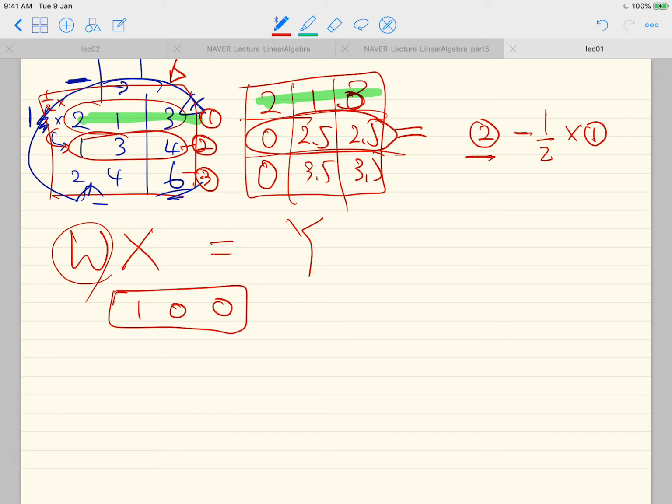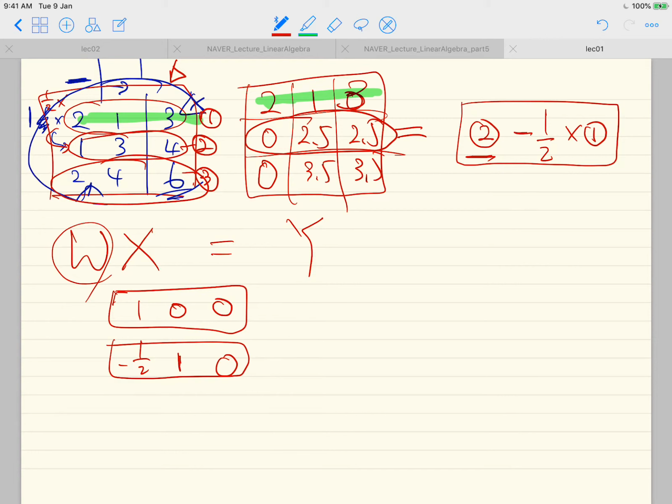So that is the coefficient that we used in order to make this value 0, right? So in terms of the row combination, the new second row is represented as this, right? And so what is the second row in the W? So negative 1/2 and 1 and 0.